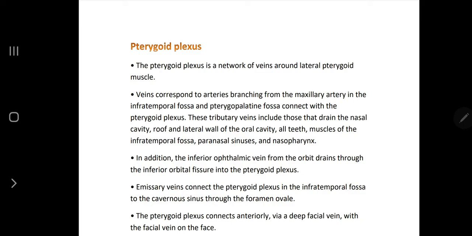These tributary veins include the drain of the nasal cavity, roof and the lateral wall of the oral cavity, all teeth, muscles of infratemporal fossa, paranasal sinus and the nasopharynx. In addition, the inferior ophthalmic veins from the orbit drain through the inferior orbital fissure into the pterygoid plexus.